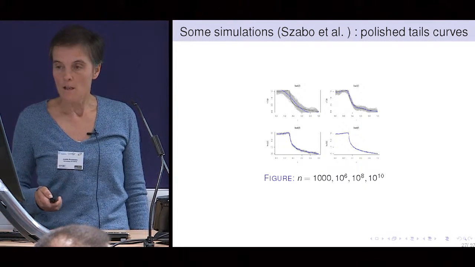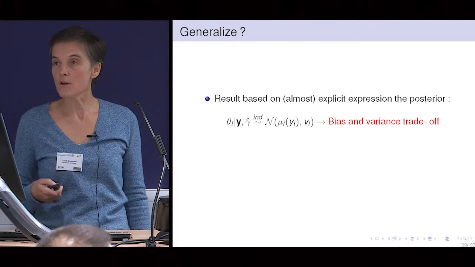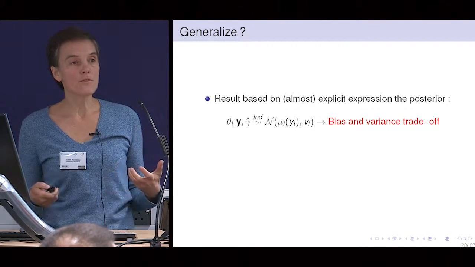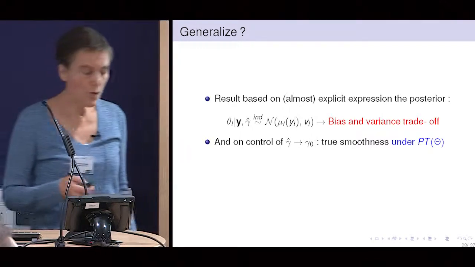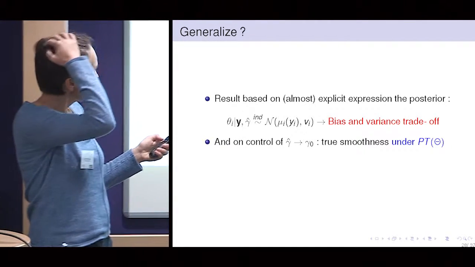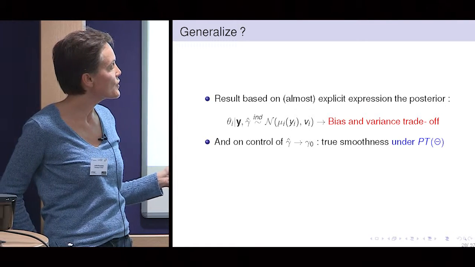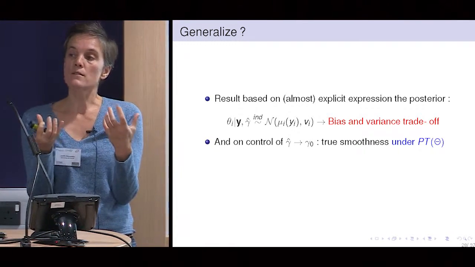Yes. So our aim was to be able to elaborate from that and try to understand really what's going on and to get some tools to prove these results for general models. So why is it not general? It's because, as I said, you have a Gaussian model with a Gaussian prior, so you have an explicit expression. And because it's Gaussian, the key things are bias and variance.